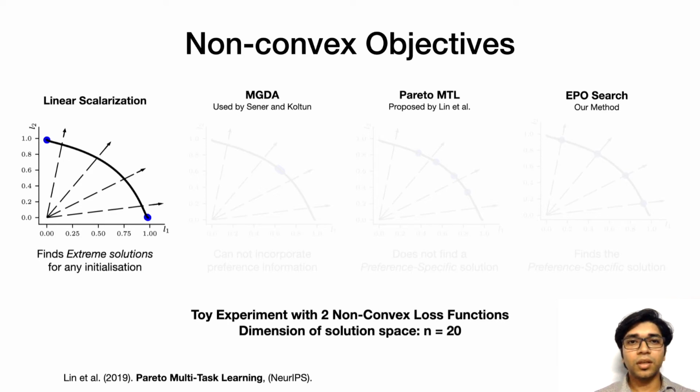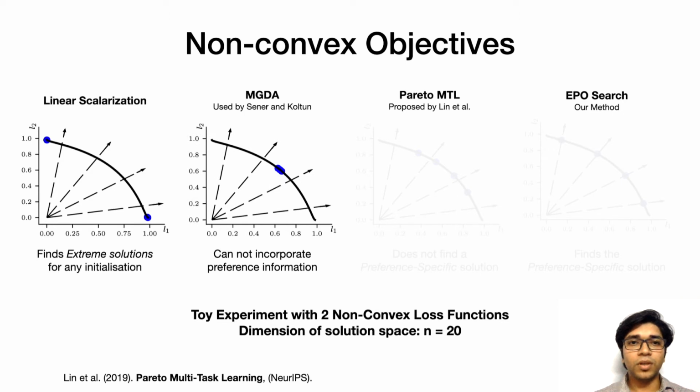As you can see, the linear scalarization solver cannot find any Pareto optimal point except the extreme ones. The MGDA solver, which was used by Sener and Koltun, finds an optimal solution depending on its initialization. This method does not take user preference into account.